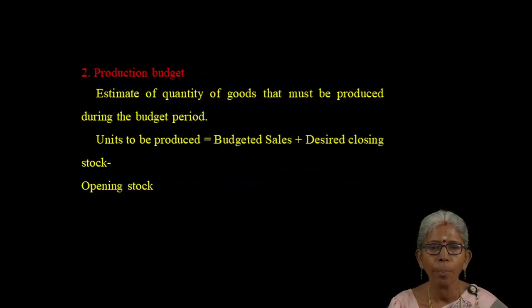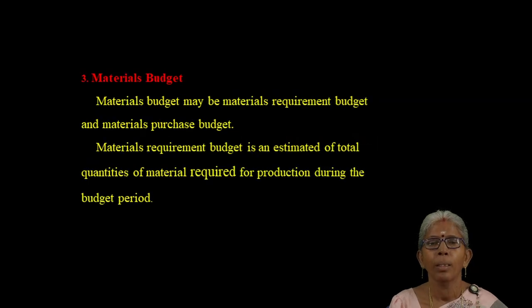Second one, production budget. It is an estimate of the quantity of goods that must be produced during the budget period. We can find out the production by using the formula: budgeted sales plus desired closing stock minus opening stock. Materials budget may be a materials requirement budget and a materials purchase budget.